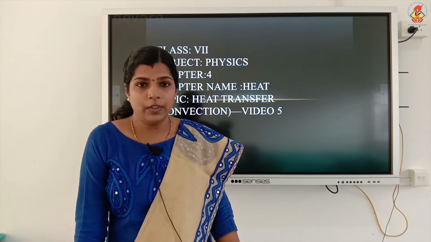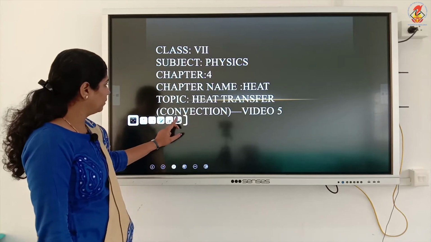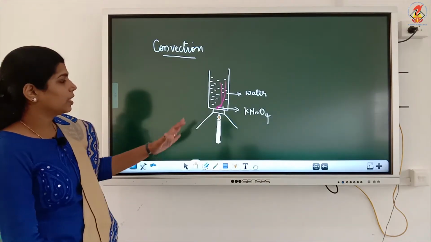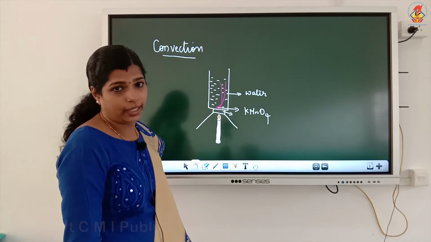That is the activity. I have drawn this activity here. This is a beaker containing water. This is a tripod stand to hold the beaker, and I am using a candle just below this crystal, and I will heat the water with the help of that burning candle.